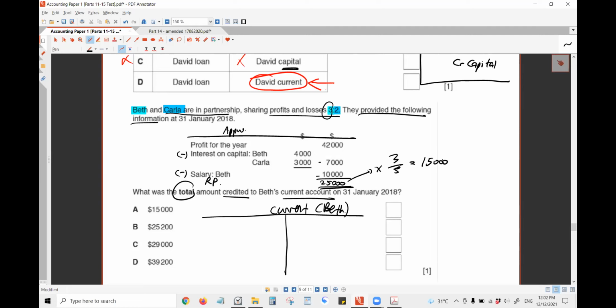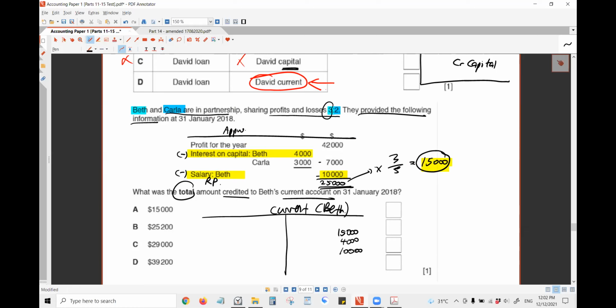BEV gets a share of $15,000 of the residual profit. So you put it here, 15,000. Then anything else that belongs to BEV? Interest on capital, salary. All this in yellow belongs to BEV. So they are in here.